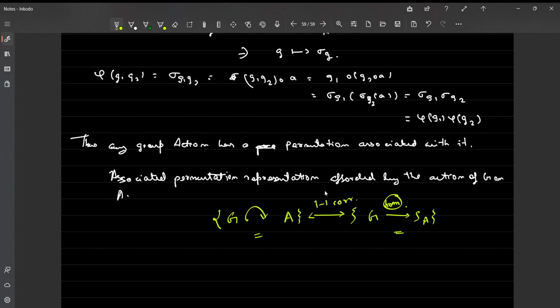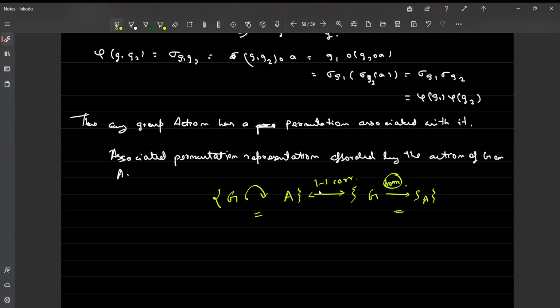Got it? Let us go through a few examples to get a better grip on the concept of group action. The first example: let G act on A by g acting on a giving you a itself.